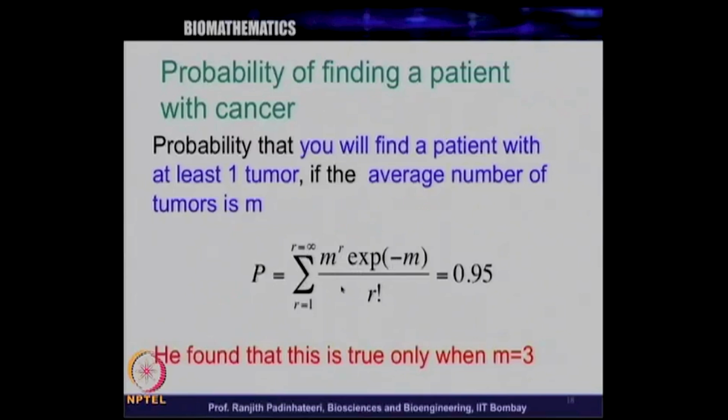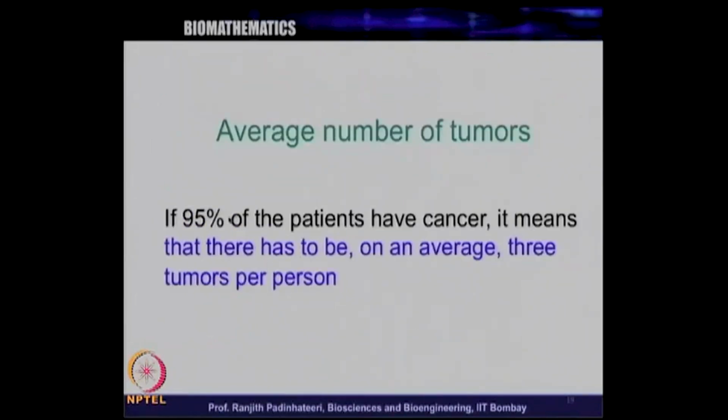So what does that mean? That means if 95% of the patients have cancer, there has to be on an average 3 tumors per person. So just by asking a simple question, he could find out the average number of tumors. It's not 1, it's not 2, it is 3.